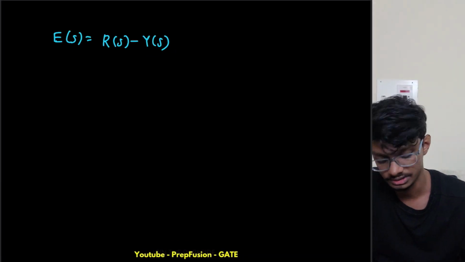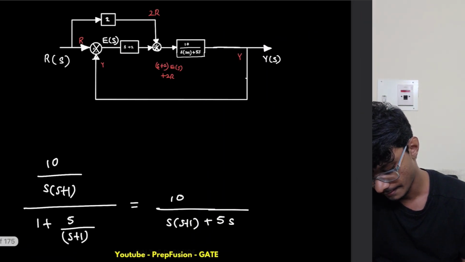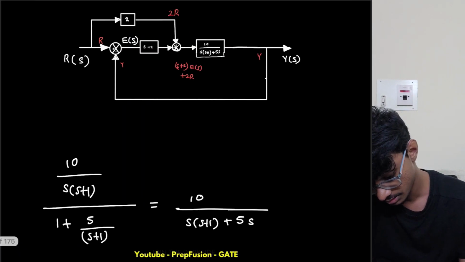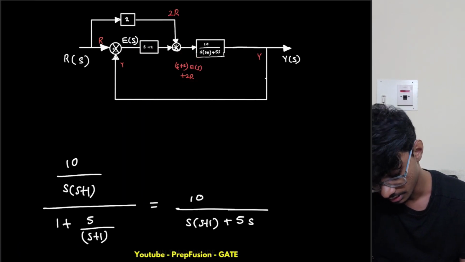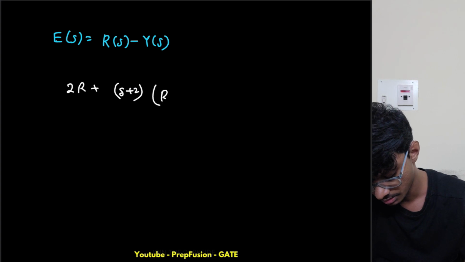I will not write the s bracket term right now, directly solve it. 2R plus this one, this signal, this is already added, sorry. 2R plus s plus 2 into E of s, which is R minus Y basically.